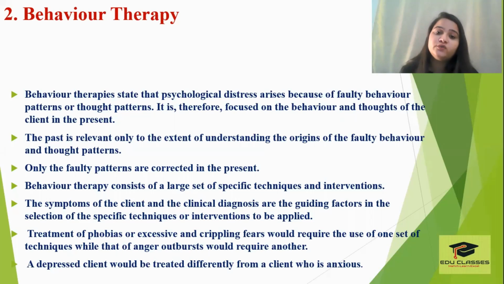Yani, how does the therapist decide ki out of so many specific techniques and interventions present, which one has to be used? तो इस आंसर पे थेरेपिस्ट अराइव करता है ऑन द बेसिस ऑफ कि क्लाइंट कौन से सिम्टम्स से जूझ रहा है, एंड सेकंड कि क्लाइंट का क्लिनिकल डायग्नोसिस क्या आया है. क्लिनिकल डायग्नोसिस मतलब what has come out to be the problem when the client was judged and seen ki what is the issue.